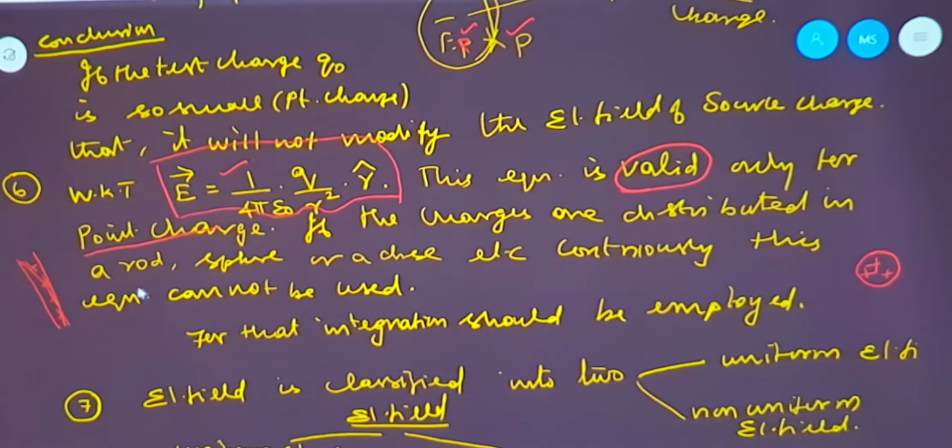If you have a linear rod, a long rod, or a sphere, or a disc, we cannot apply this equation; it is not applicable. If you want to calculate the electrical field for these continuous distributions, we have to apply the integral method. Using the integration process, we have to study that. That we will be doing in our next forthcoming videos.